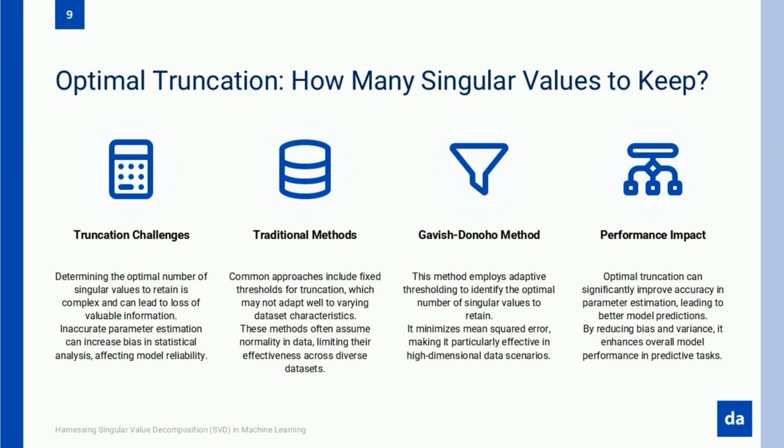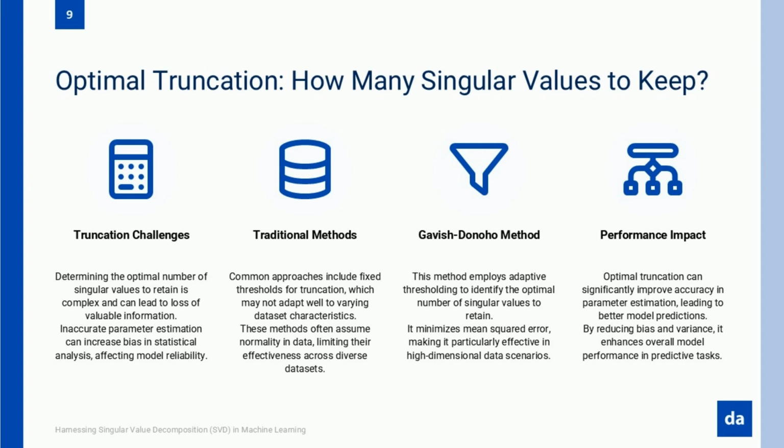What if we could move beyond these heuristics to a more rigorous, statistically grounded approach? This is where the Gavish-Donohoe optimal hard threshold method enters the picture. Rather than relying on arbitrary cutoffs, this method establishes a systematic approach by identifying a noise floor based on the singular values of a noise matrix.